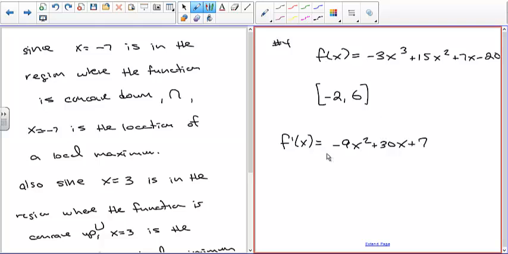And as it says, you will need to use the quadratic formula. So we have a is -9, b is equal to 30, c is equal to 7. And the quadratic formula says x, the zeros, are -b plus or minus the square root of b squared minus 4ac over 2a.